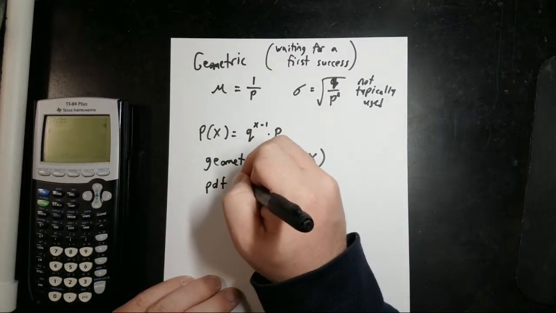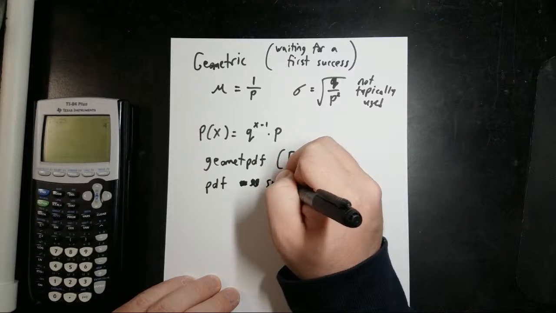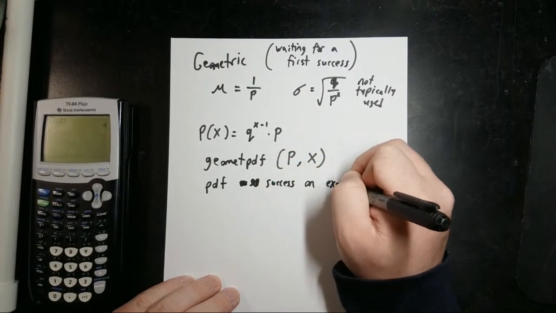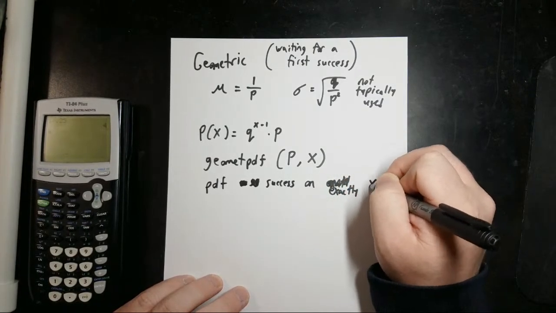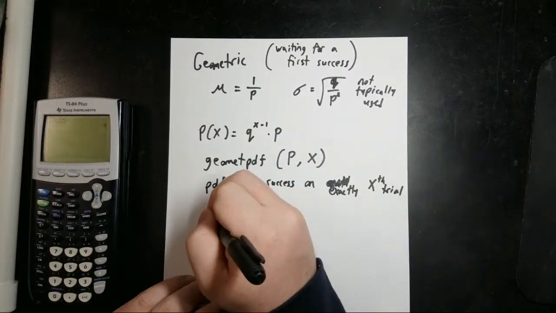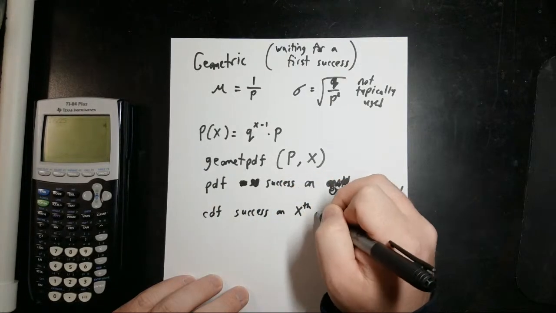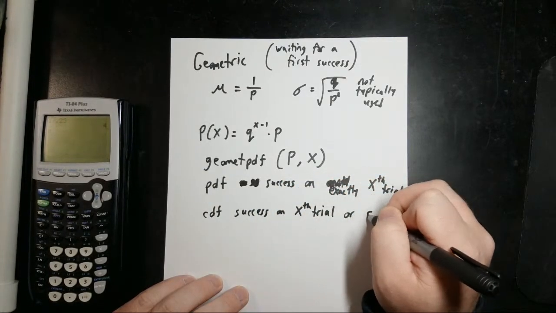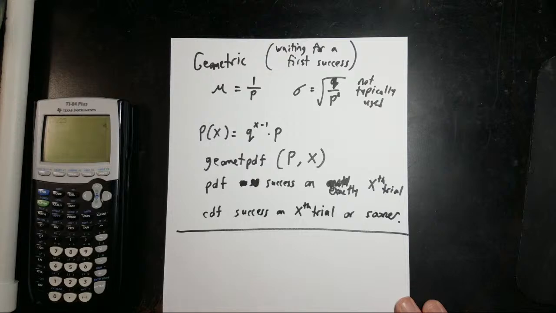PDF is success on exactly the xth trial. CDF would be success on the xth trial or sooner. CDF is cumulative. PDF is just the regular probability density function. So keep that in mind.